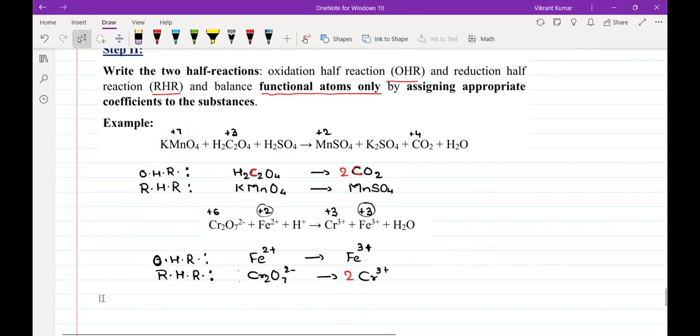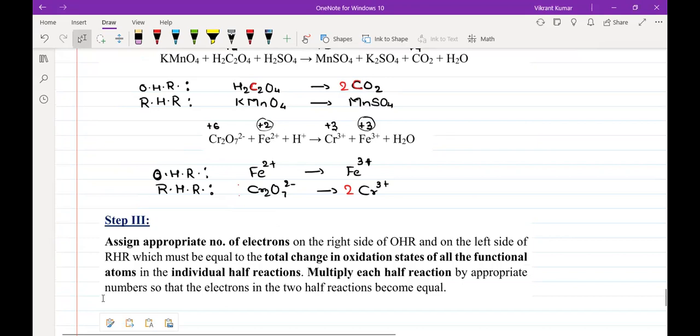The third step is: in these half reactions, we need to see the total change in oxidation number of the functional atoms, and whatever number comes, the same number of electrons will be put. That means the same number of electrons should be assigned on the right side of OHR and on the left side of RHR. OHR means oxidation half reaction, RHR means reduction half reaction.